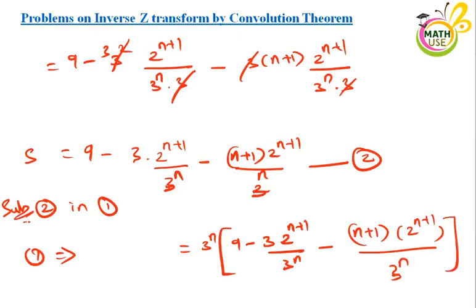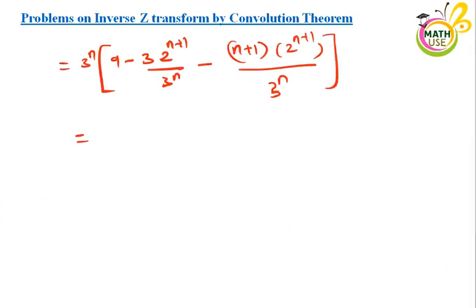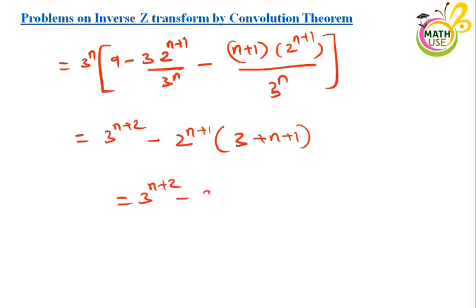Taking this 3 power n, it is 3 square, so we write 3 power n plus 2, minus 3 power n cancels. Okay, 2 power n plus 1 you can take outside, so it comes 3 plus n plus 1, so totally 3 power n plus 2 minus 2 power n plus 1 into n plus 4.